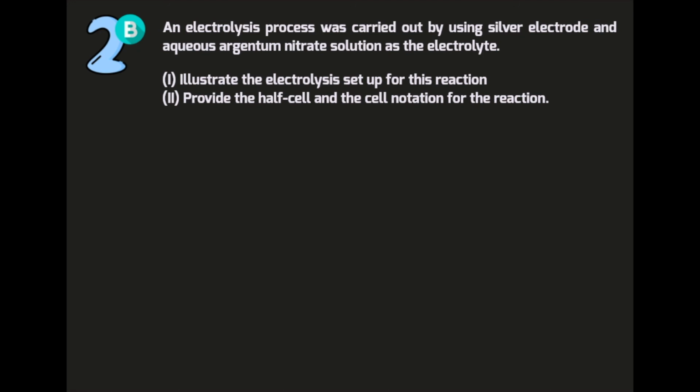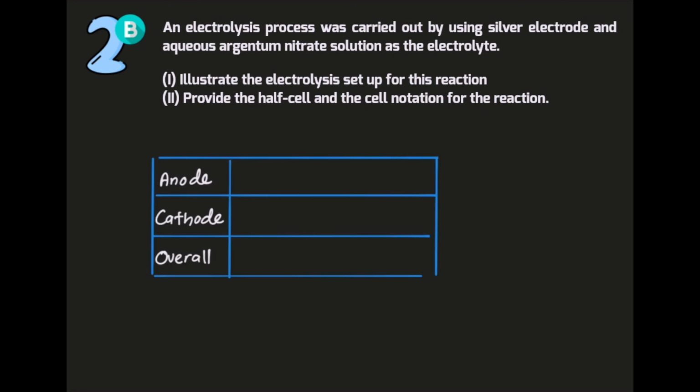In this reaction, we are only dealing with the silver electrode and the aqueous argentum nitrate solution, AgNO3. We know that argentum is plus and NO3 is minus. The amount of electron taking part in this reaction shall be 1.